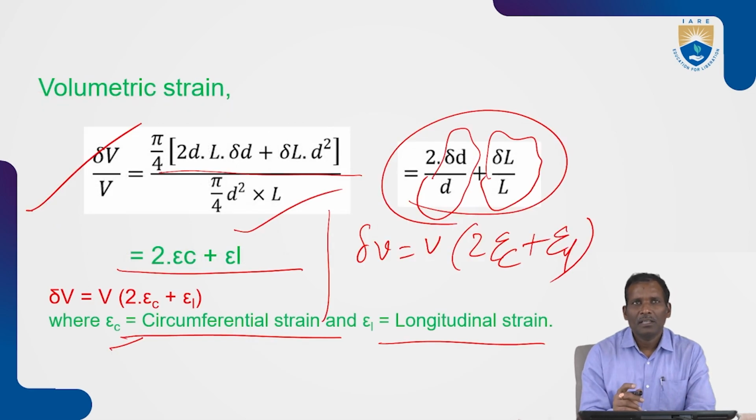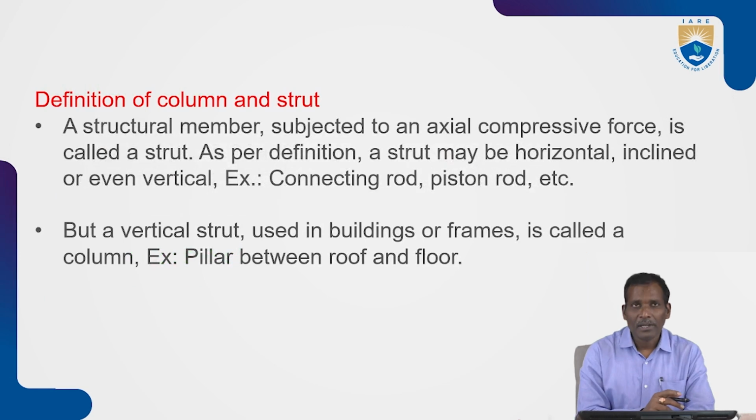So these are the important terms and definitions related to the thin cylinder. The main things in thin cylinders or thick cylinders are circumferential stress or hoop stress, longitudinal stress, longitudinal strain, circumferential strain, and volumetric strain. These are very important terminology.